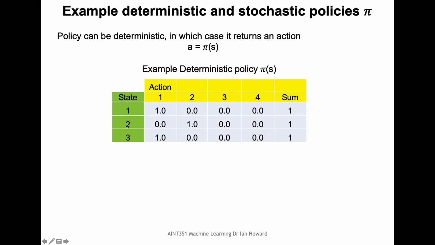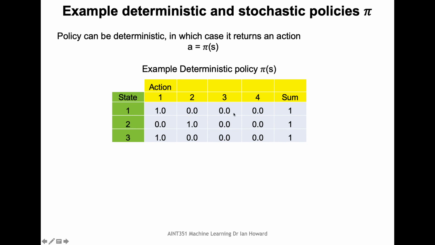If we're in state 2, then we want to take action 2 with probability 1. And if we're in state 3, we want to take action 1 again with probability 1. So in this particular case, you could just write state 1, take action 1, state 2, take action 2, state 3, take action 1. And the reason that we've written it in this way is because we can see we have written it in a stochastic way, even though it's deterministic.